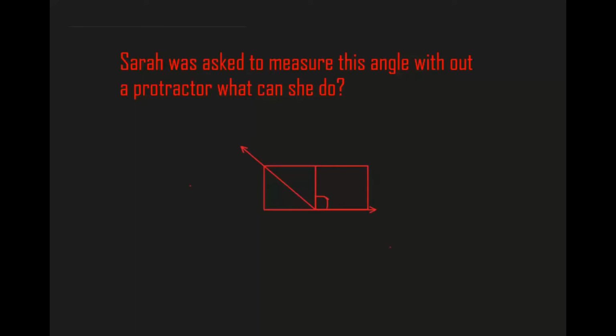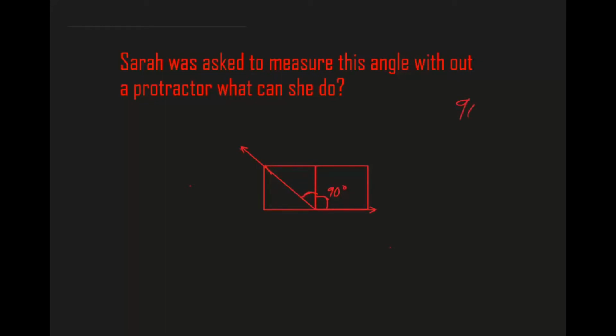So we're going to write 90 degrees right here. And then we have right here half of 90 degrees. This is the line we're looking at. This is the square. So this is half of 90 degrees, so 90 divided by 2 is what we'll be doing.